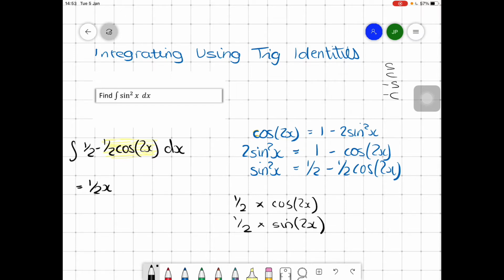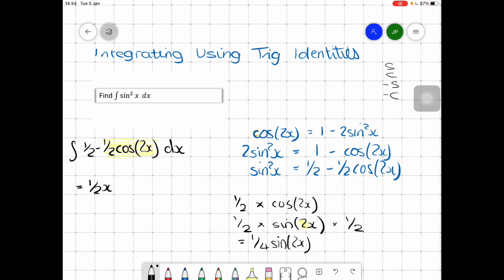However, when I integrate in the form with a coefficient in x, I have to make sure I include my times by 1 over my coefficient. So in this case, it's the 2. Okay, so it becomes times a half. Therefore, when I combine this part together, I'm going to get a quarter sine 2x. So that is what you practiced last lesson.